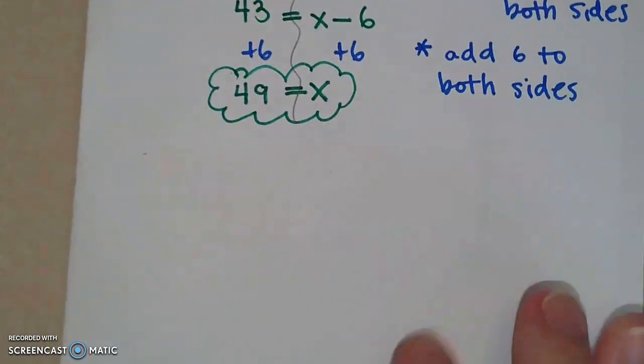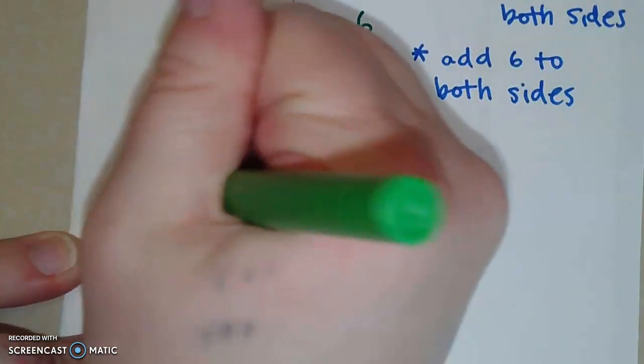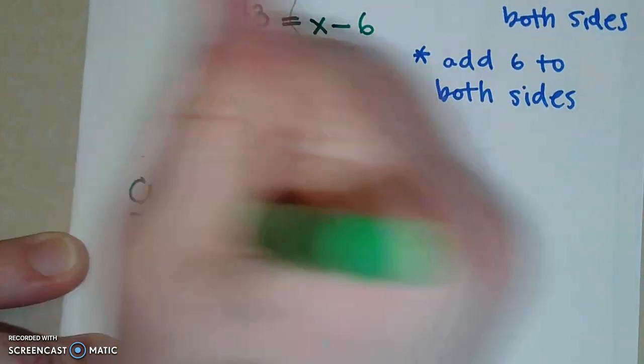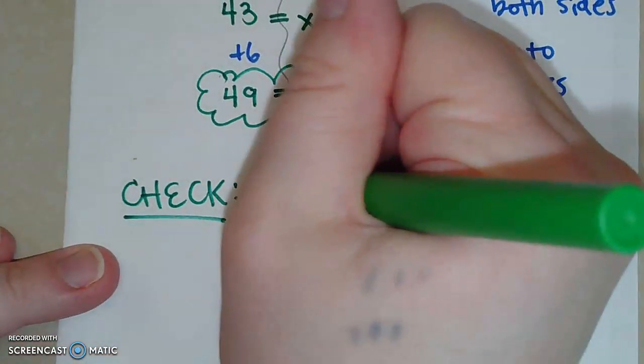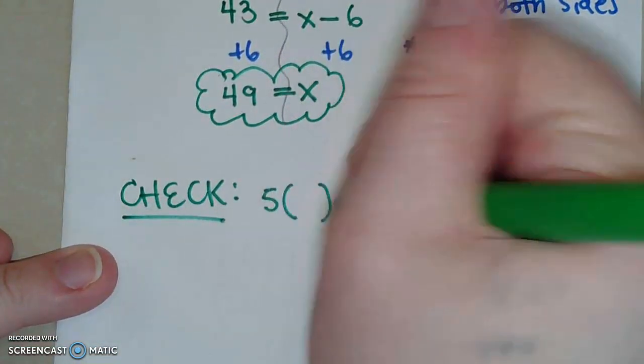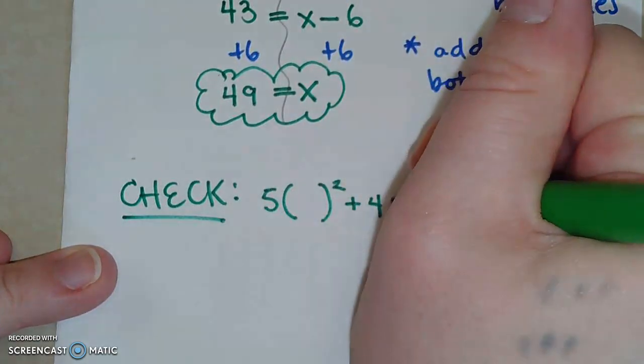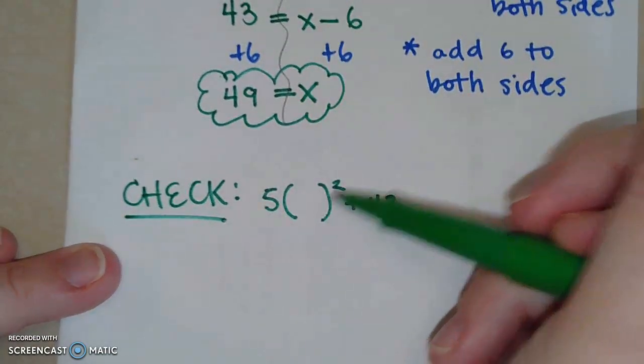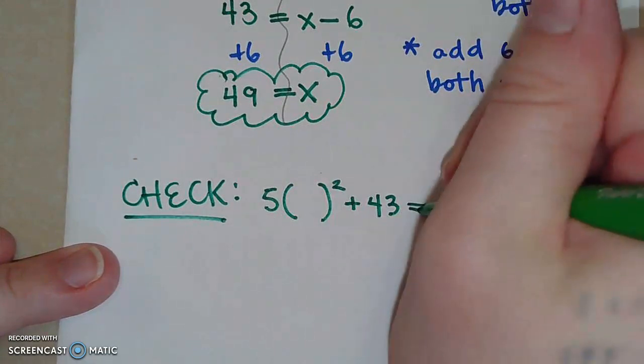And because we want to be confident with our answer, I am just going to check my work. So I'm rewriting the equation, but I'm leaving parentheses where the x's are.